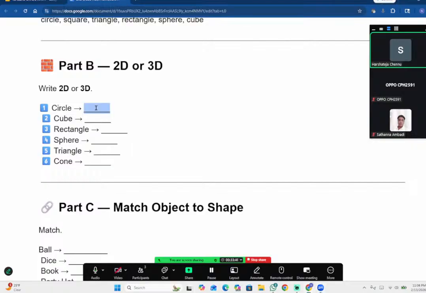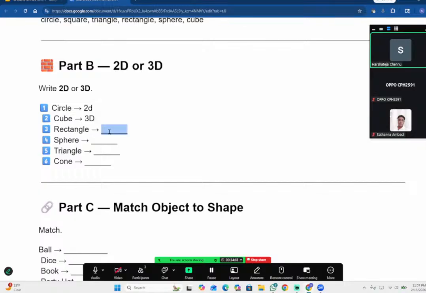So we know that this is 2D since it's flat. However, a cube would be 3D. And the reason is because a cube isn't flat, it has height to it. So it's different from a normal 2D object since it's not on paper and you can physically hold it, push it.